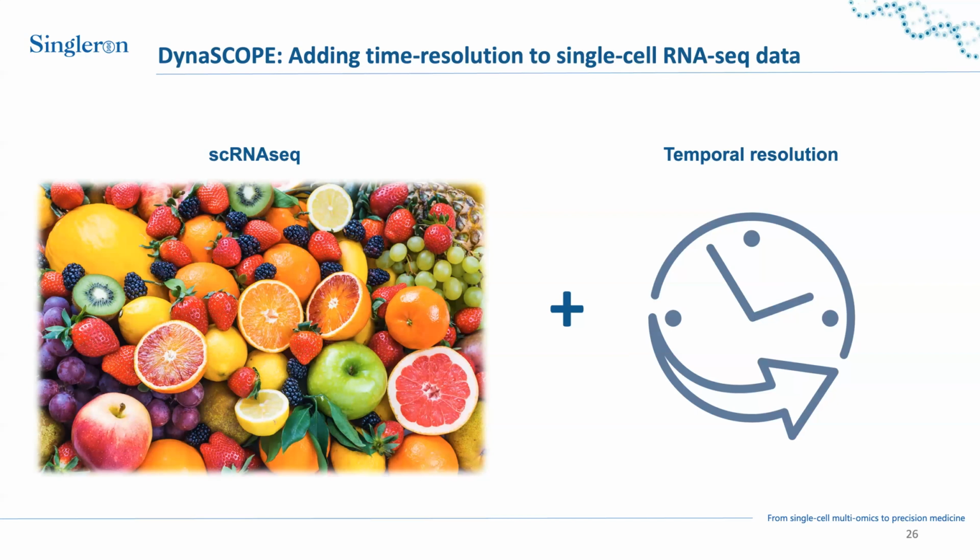With a normal single cell RNA sequencing experiment, you will be able to identify the fruits, but maybe you want to analyze how fresh these fruits are. And here, additional temporal resolution can really help in this question.